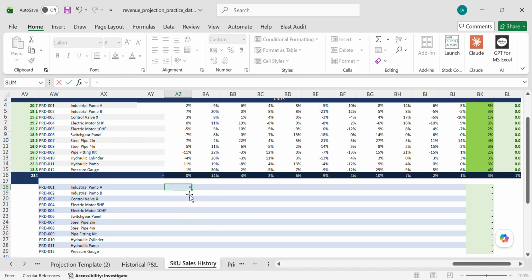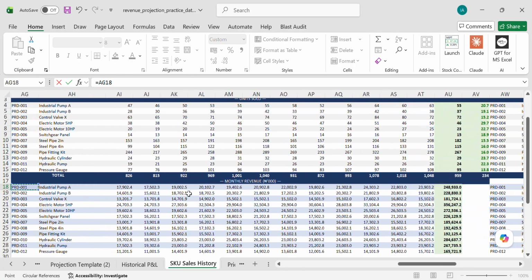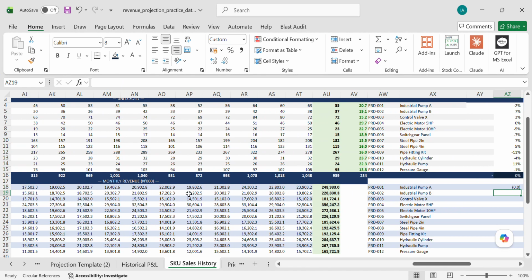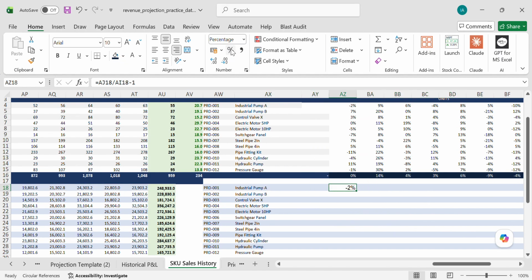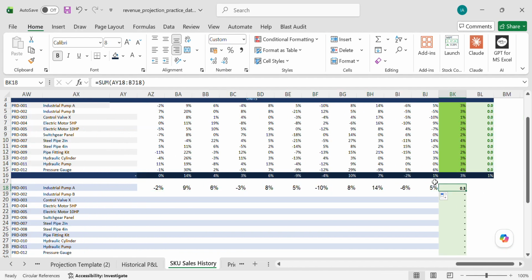So you can do this. If you want to see the growth in revenue, this divided by this minus 1. This is revenue. Exactly, you see everything they are looking out for. I feel like it's almost the same thing, 3%. This is the averaging. Is this summing everything here?